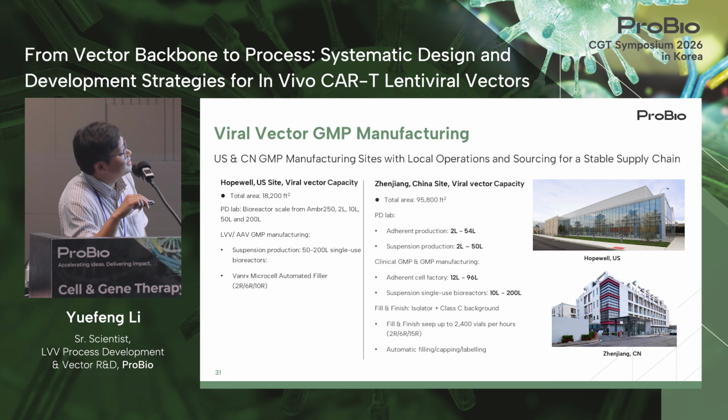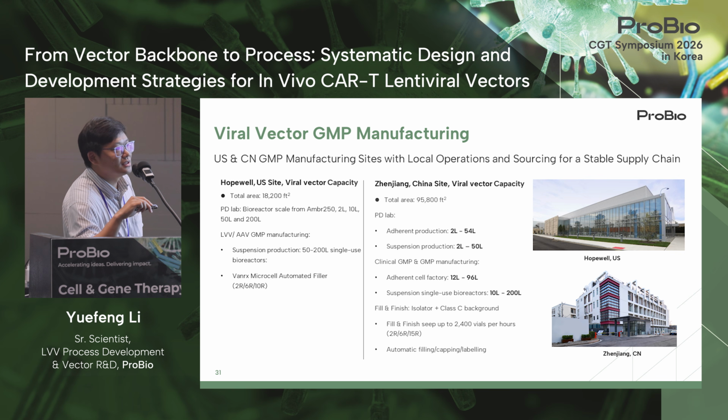So, as I said before, if you're buying tLVVs from us, we will produce them at the Zhenjiang site right now. In the PD lab, the process development lab, we will provide scales of 2 liter to 54 liter for adherent 293 cells.